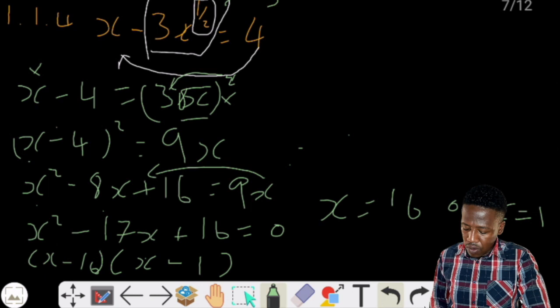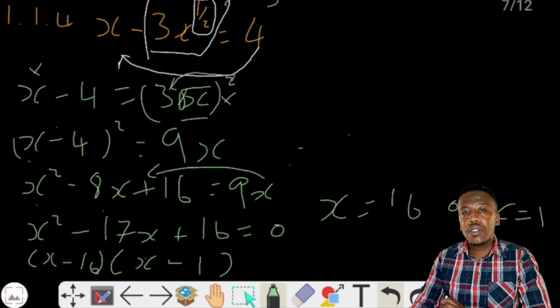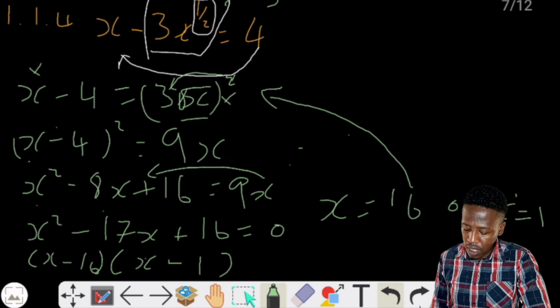Now, like I said, whenever you solve this sort of equations, quadratic equations, you need to check whether both your solutions or your roots are correct by substituting back to the original equation. If you take the 16 and substitute it back, check whether it satisfies your equation, and then the 1 again.